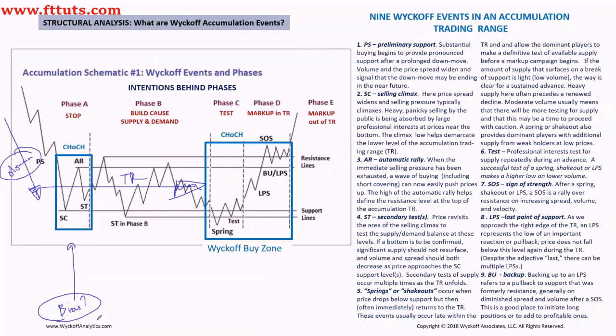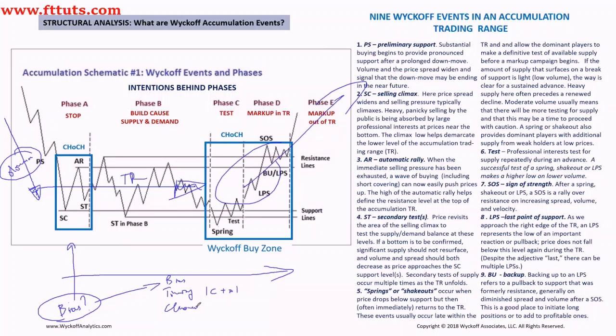But for now, what I want you to do is just think of a change of character as a change of the environment, and then once we're in the trading range, that's when we want to observe how it unfolds, and we want to solve this problem of the bias, the timing, when the price is getting out, so therefore identifying phase C and D correctly, and then the character. And usually the character is going to be all about the leadership and the way the price is going to travel, what kind of structure it's going to give us.